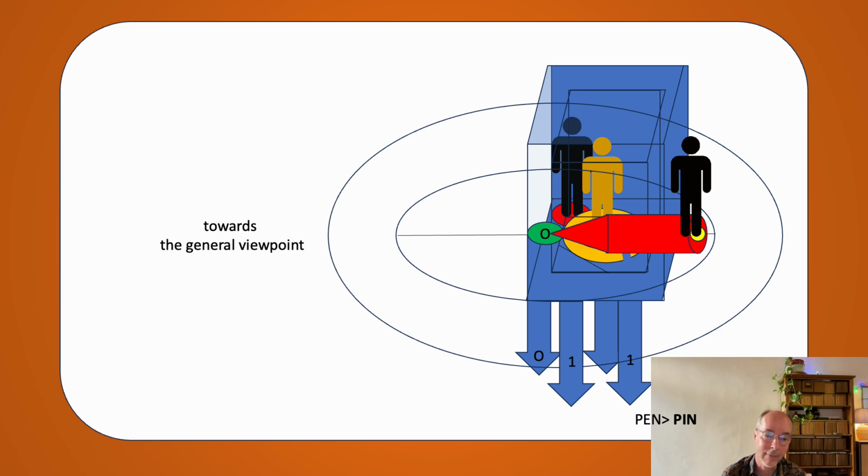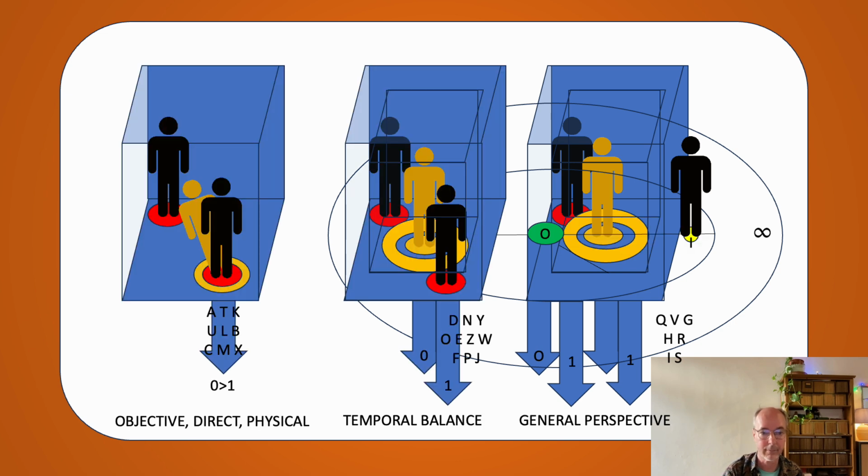So each process that comes out of it, that has that center point of vision, is the pinpoint of our reality, and that's why the pen is different from pin. I hope you understand that more or less.